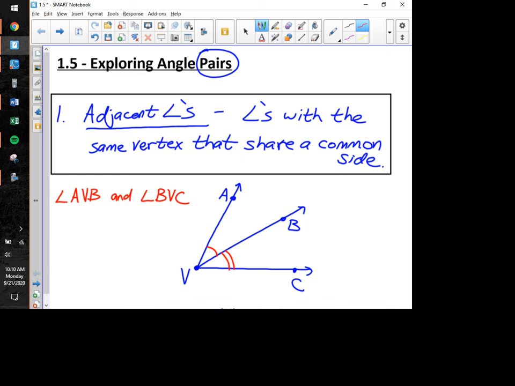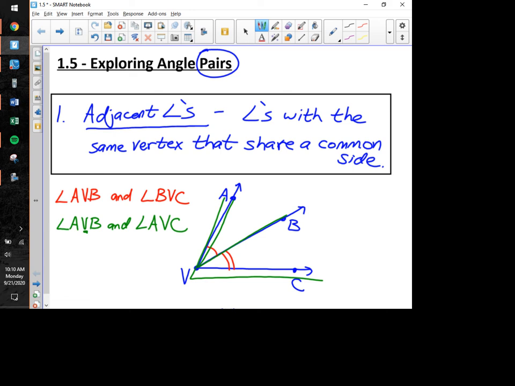Now, don't write this down, everybody, but what if I told you that I thought that angle AVB and angle AVC would be adjacent angles as well? Well, let's think about that. AVB is this same angle here we were talking about a second ago. AVC is this larger outer angle. So as I look at the definition, do they share the same vertex?